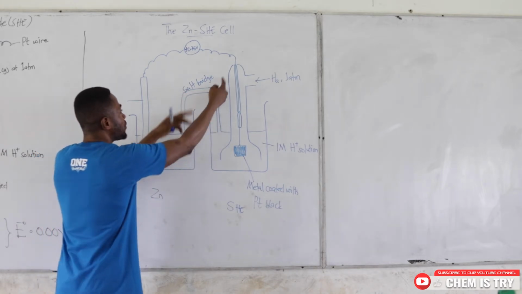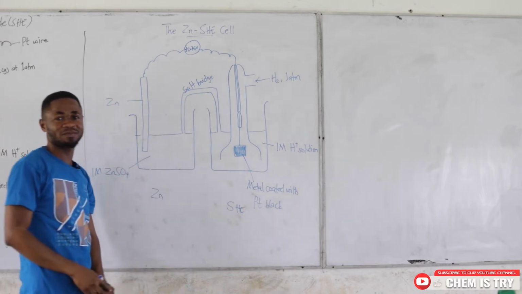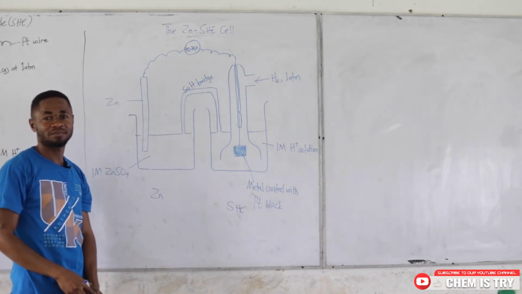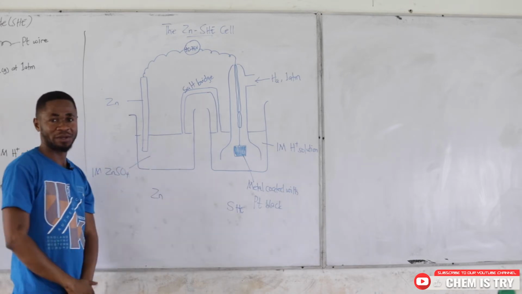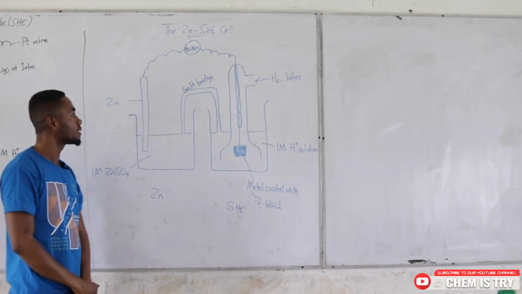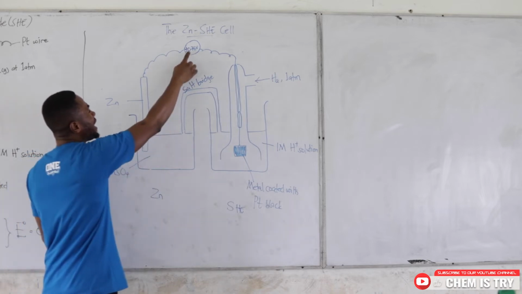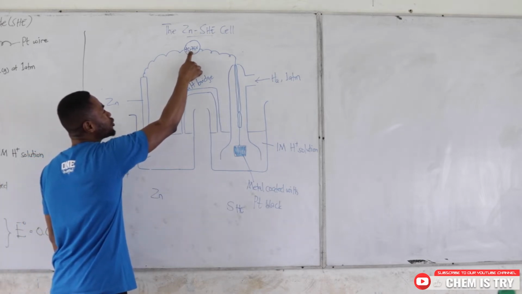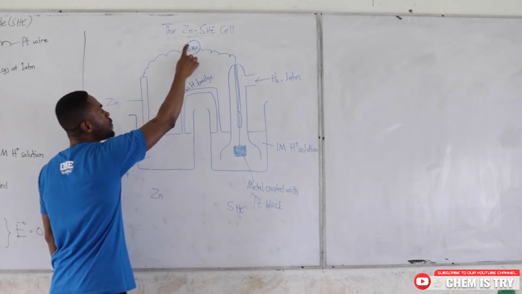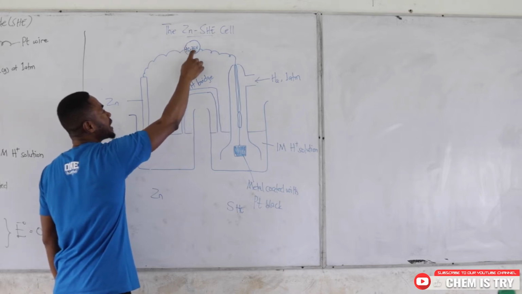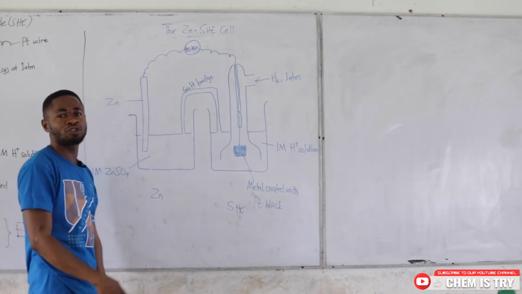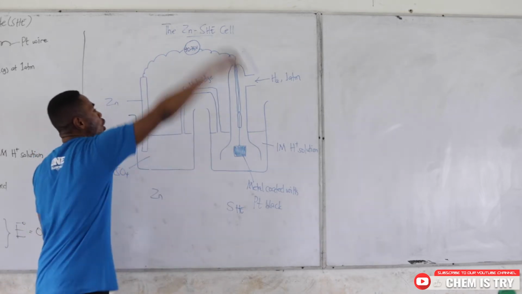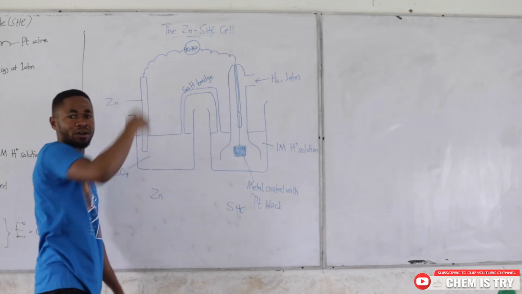When we put in the salt bridge and connect the wires, there are some things that will start occurring. You realize that the initial electrode potential that will be read by the voltmeter will be positive 0.76 volts. That is the electrode potential for the whole connection, the whole cell.